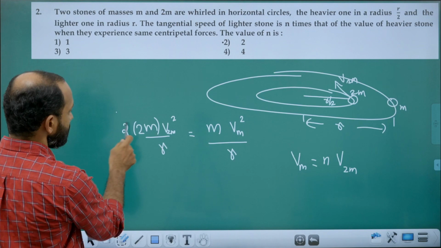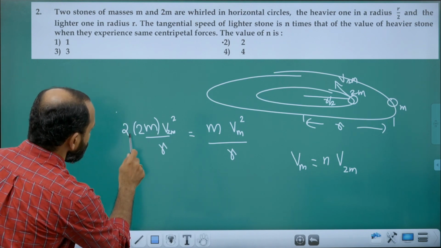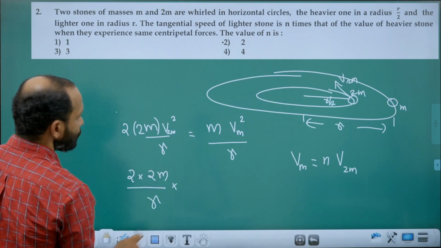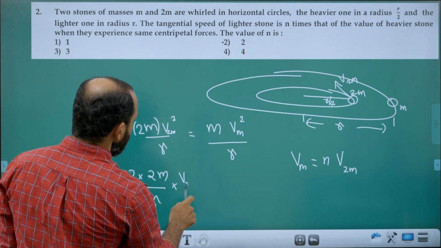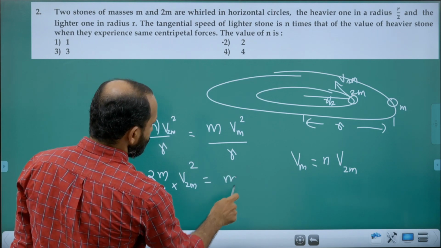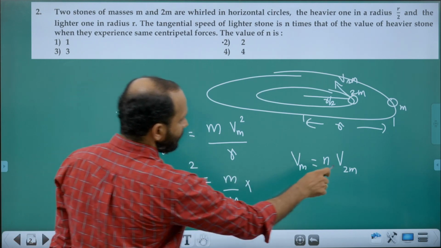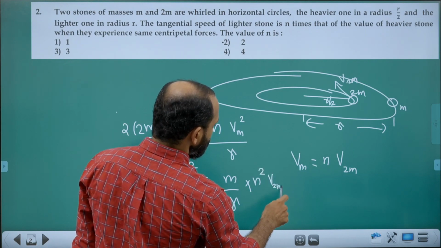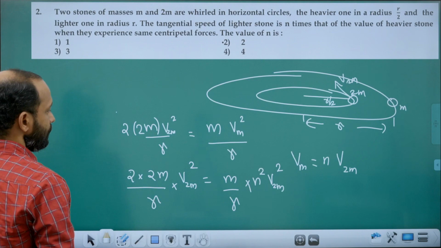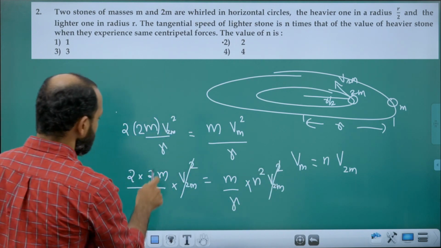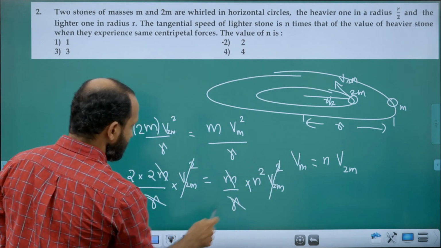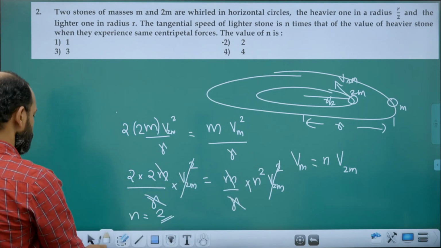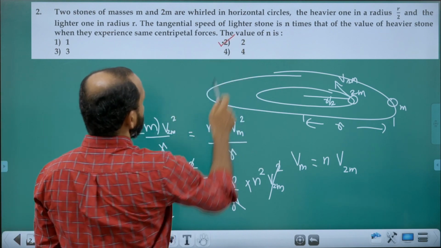That is 2 into 2m divided by r into V2m square is equal to m by r multiplied by Vm square. What is Vm square? That is n square V2m whole square. So V2m whole square gets cancelled, m gets cancelled, r gets cancelled, so that you get n square equal to 4 and n is equal to 2. So the right choice is option B.